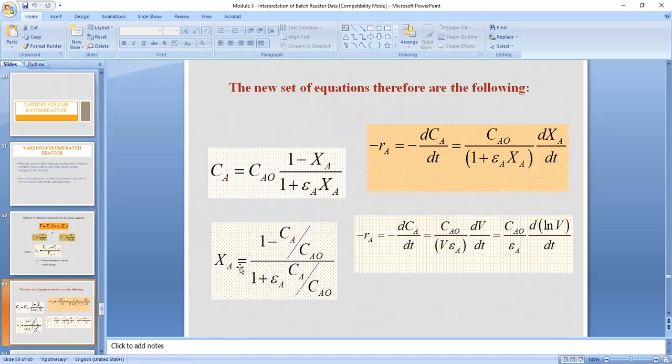So I'm referring to this, and this one was just derived from this formula for the concentration of A after some time.